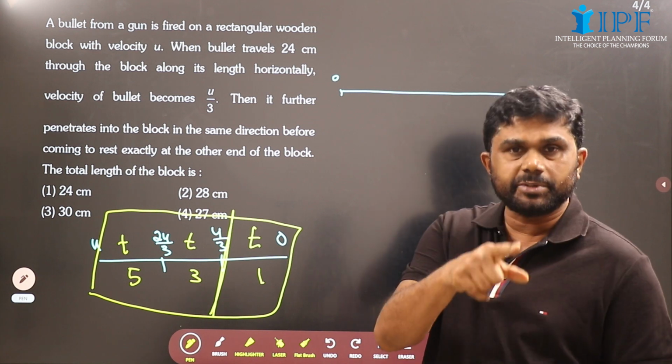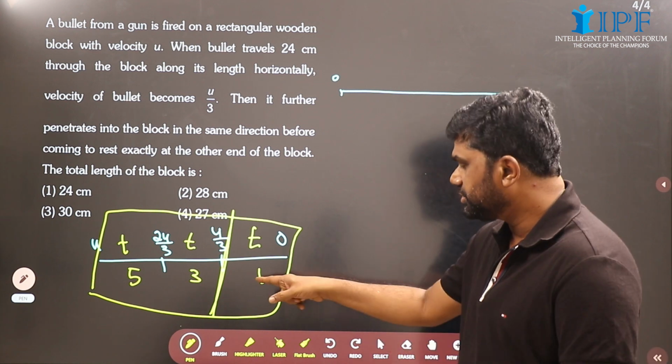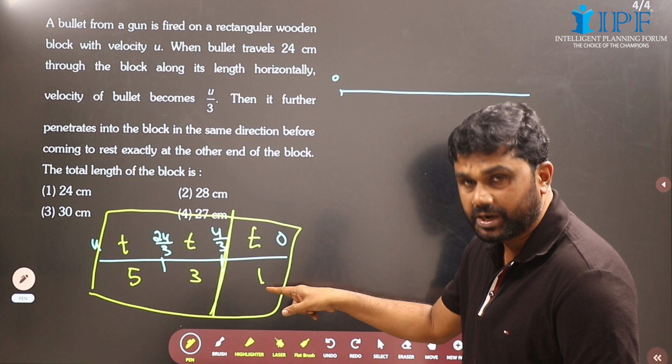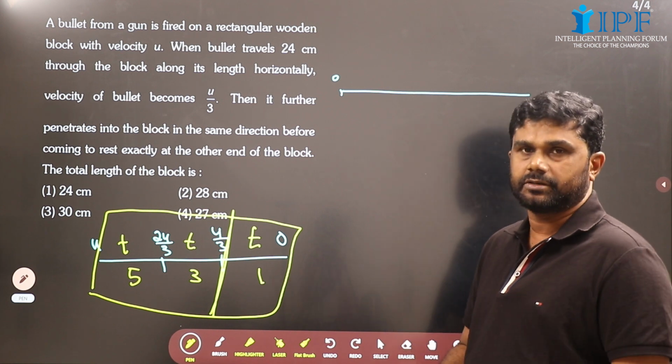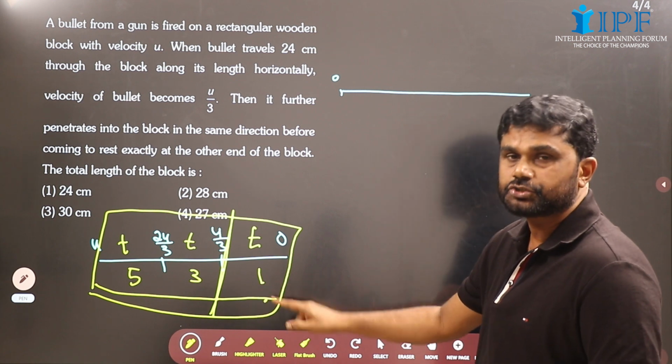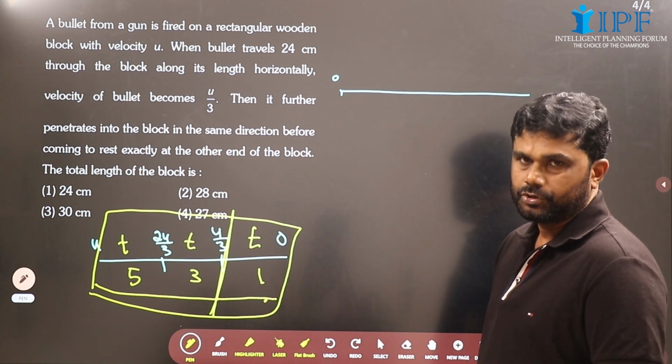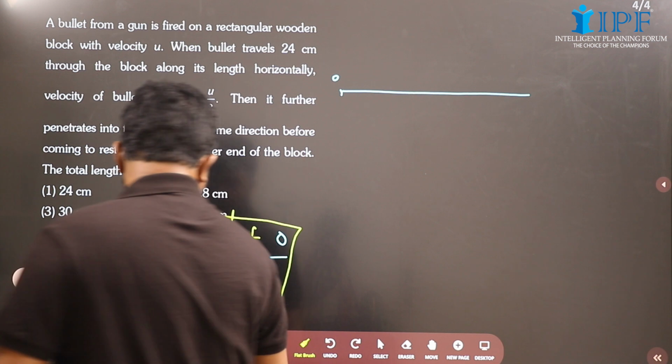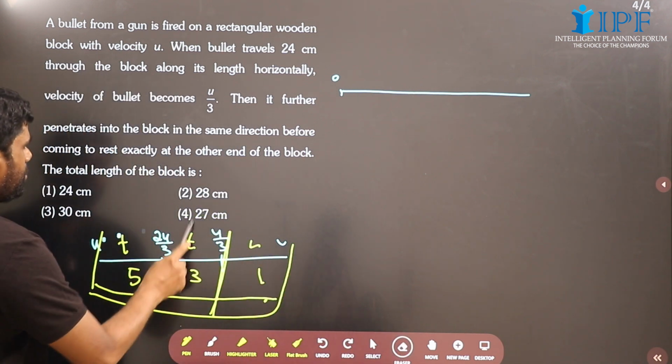So this will be 1 part, equivalent to 3 centimeter. So here to here 24, then this is 3, so total will be 27. Okay, 27. That is the idea. Then I will tell you how to do this.